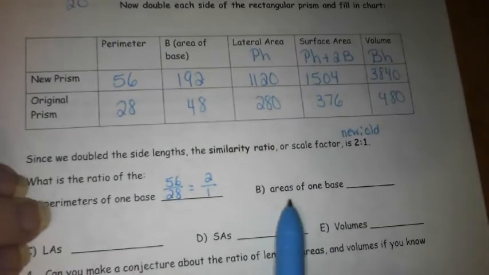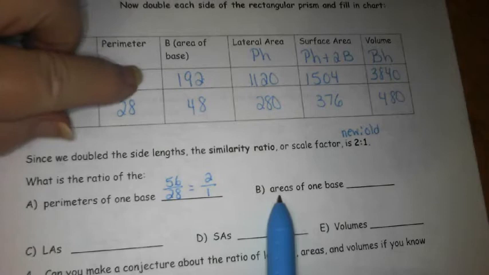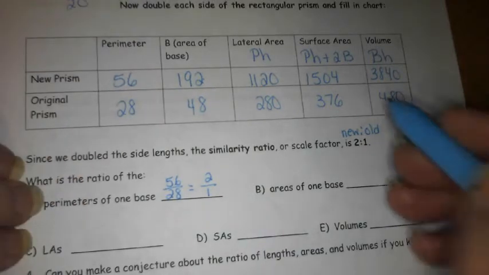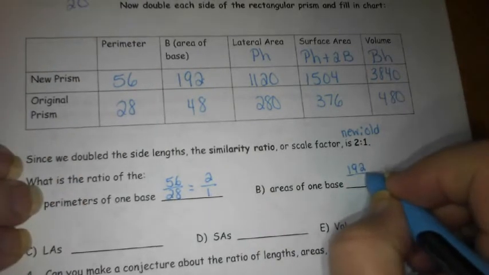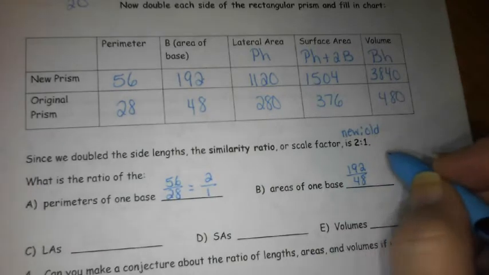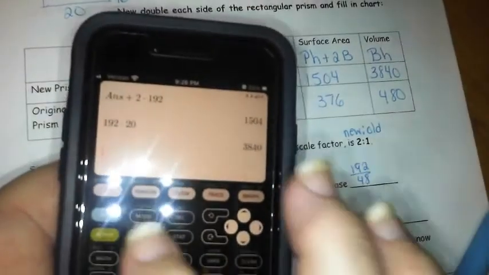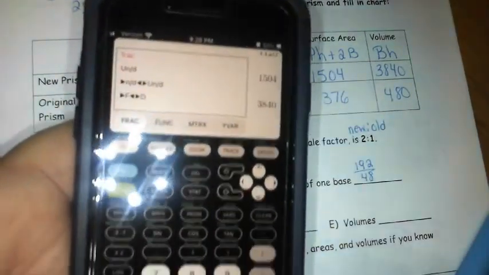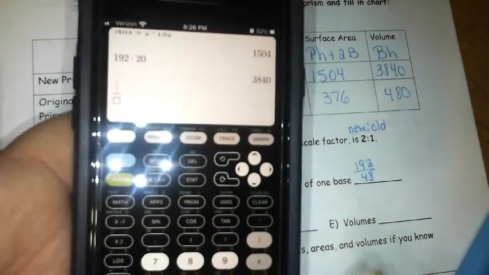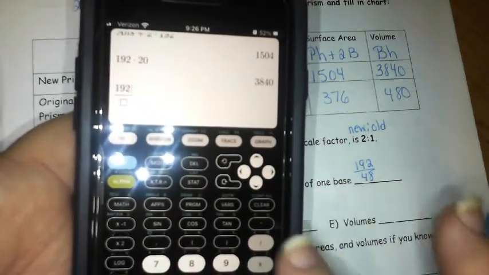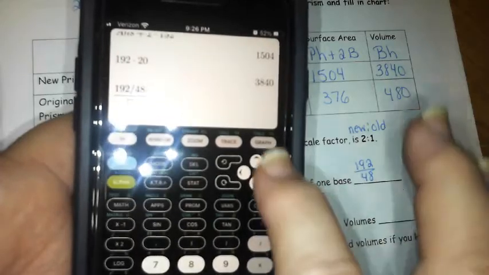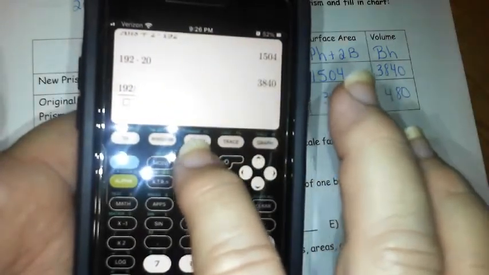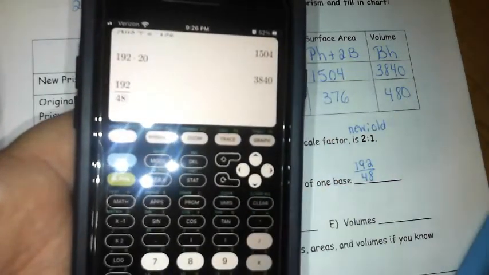Let's check the ratio of the areas. 192 over 48. If I put that in my calculator, I'll use the fraction button, alpha y equals. I can't imagine you don't know that, but if you don't, it allows you to just type in a fraction.